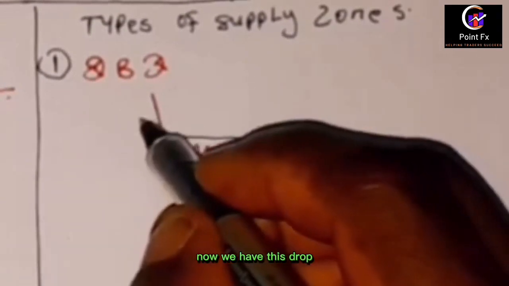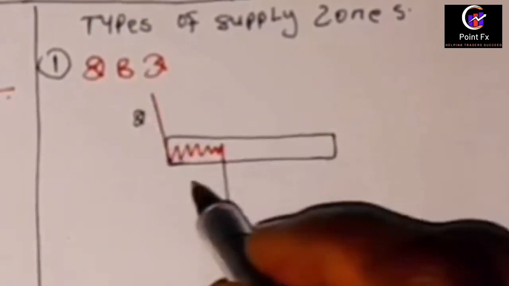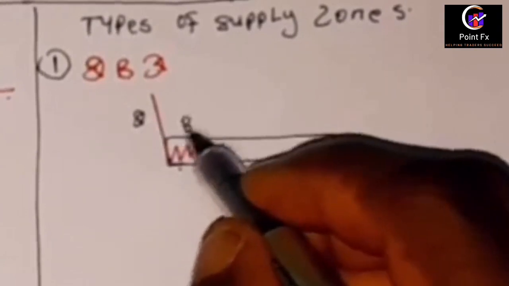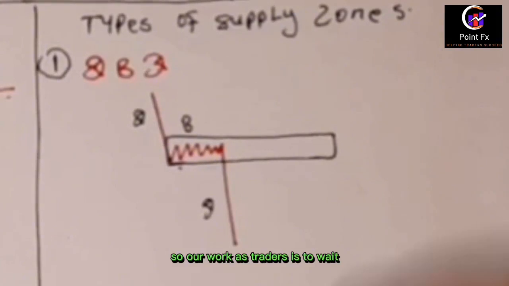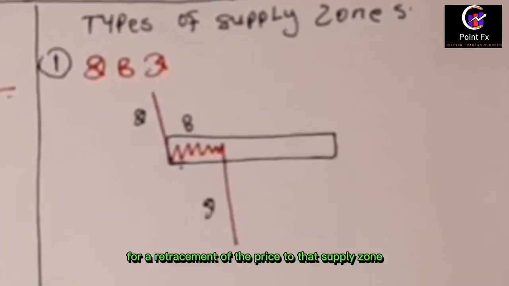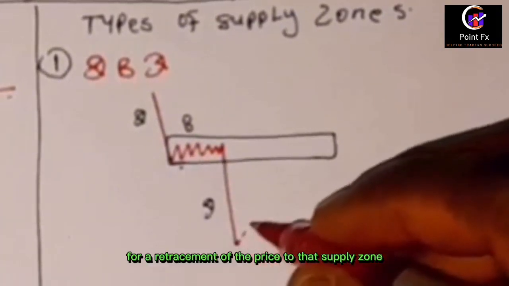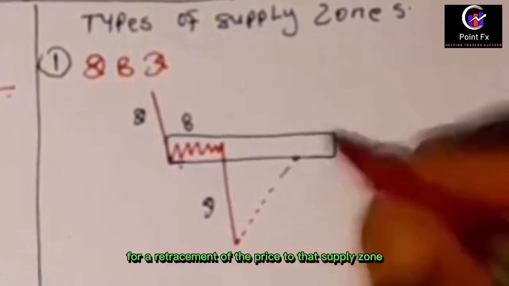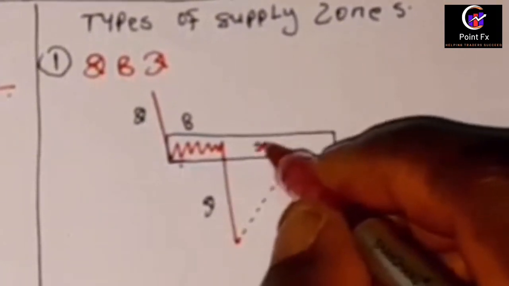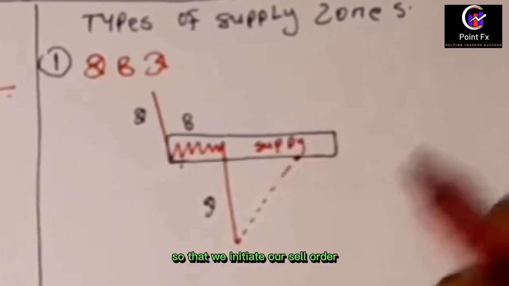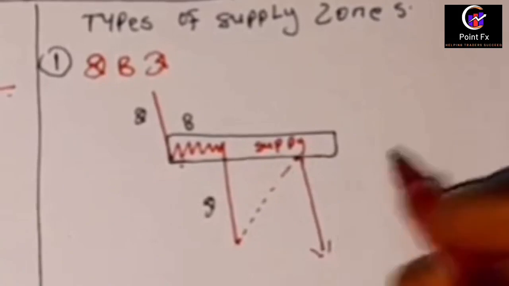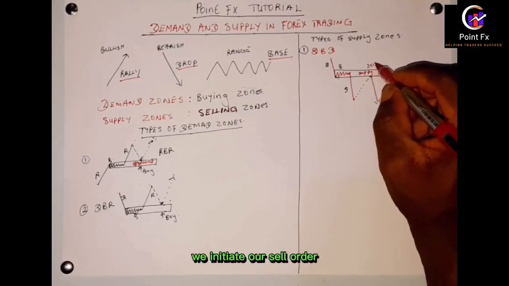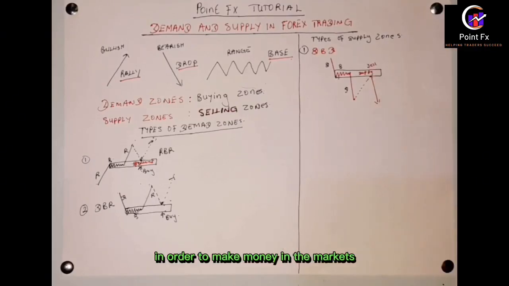Now we'll have this drop, base, drop. So our work as traders is to wait for a retracement of the price to that supply zone, which is the base, so that we initiate our sell order in order to make money in the markets.